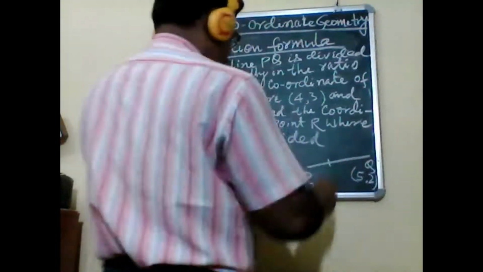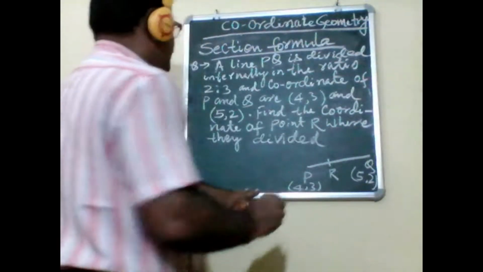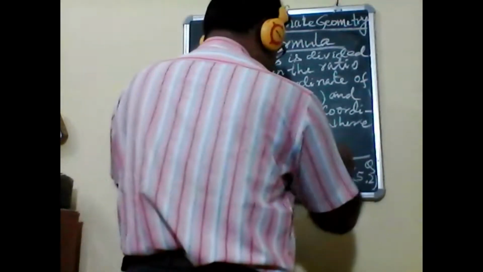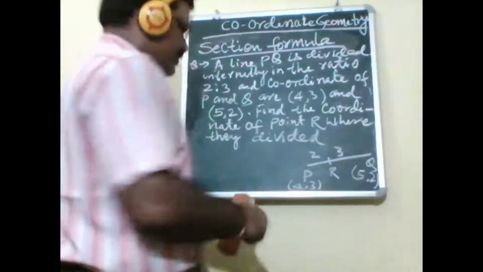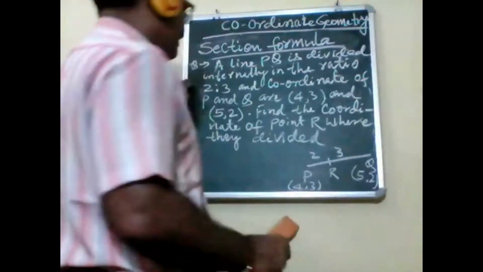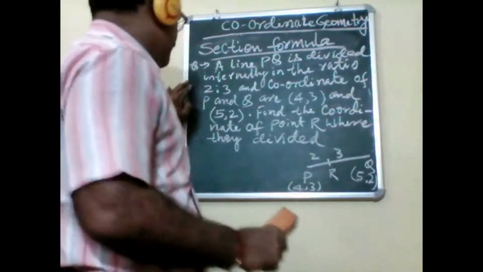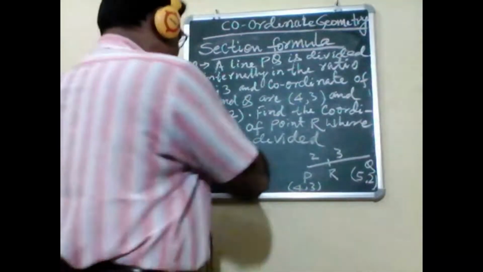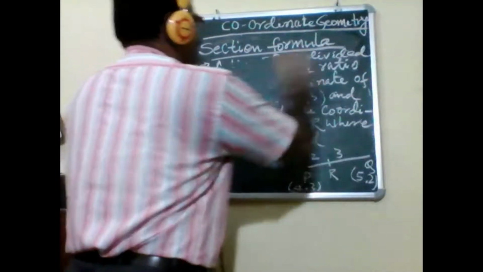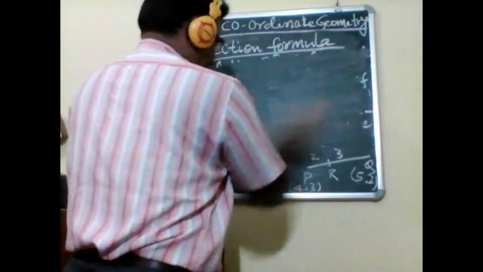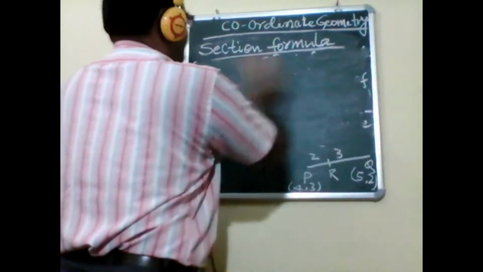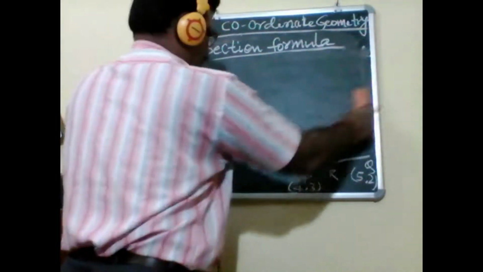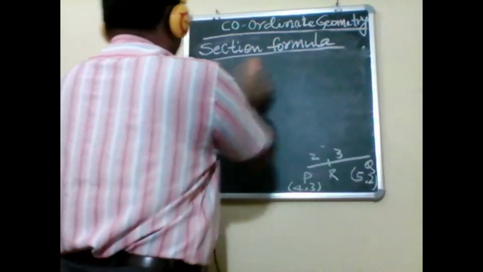Suppose it is point R and its ratio is 2:3. So you have to find the coordinate of point R where they divided internally. You can do this one. You see the formula.